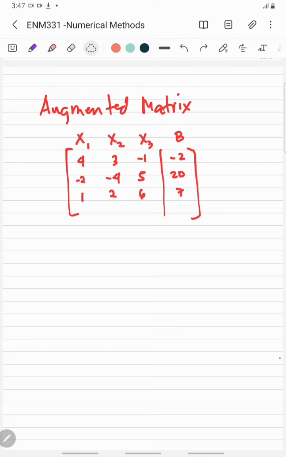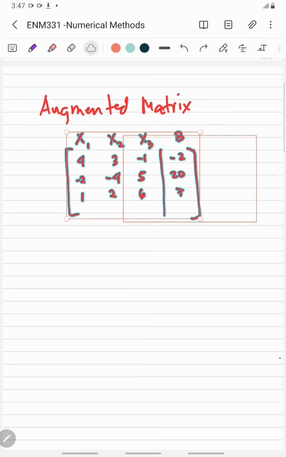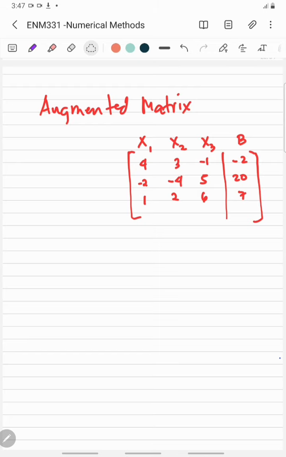Okay, I have to move this to the right. For the first row, our pivot is equal to 4. We have to copy these elements of the first row into the next augmented matrix.